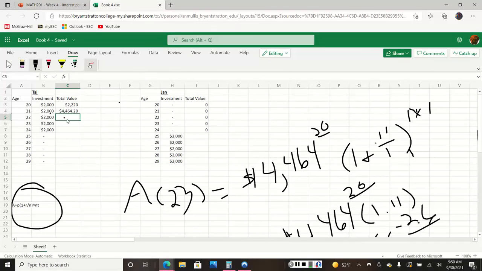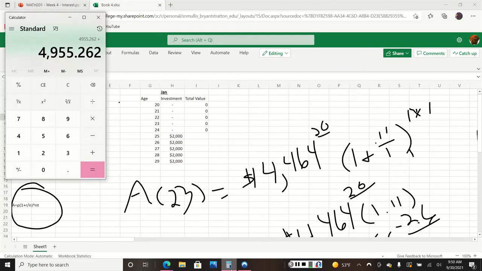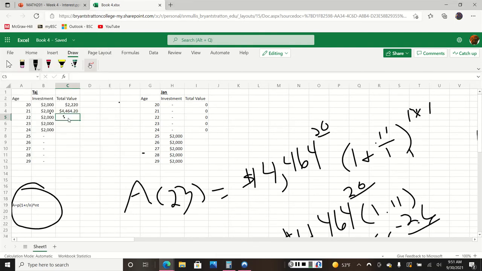So the money is just going to keep accumulating. So we need to add 2,000 plus 2,000. That gives us $6,955.26. So we need to put $6,955.26.